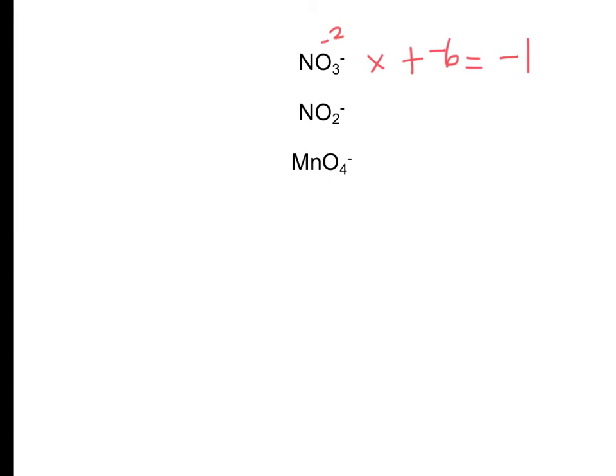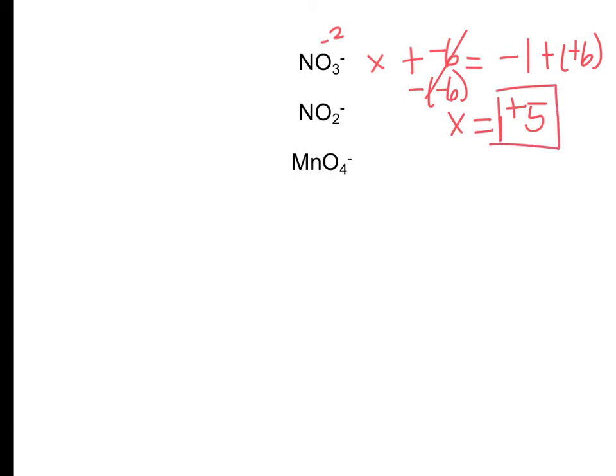If you minus -6 on both sides, that becomes positive, so this equals 0 here. Therefore, X will equal +5. It's also really important for your oxidation numbers that you indicate if the number is positive or negative. So this ends up being positive 5.